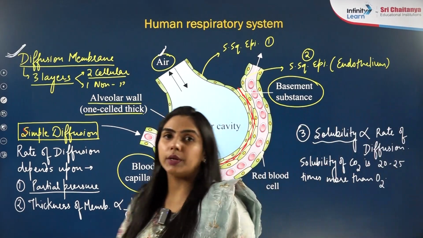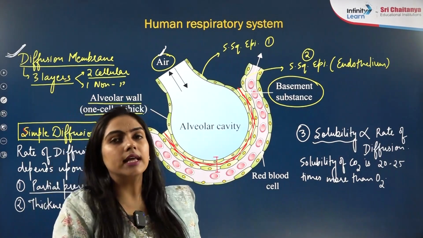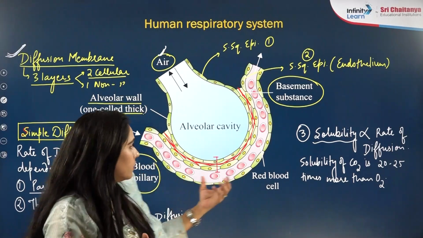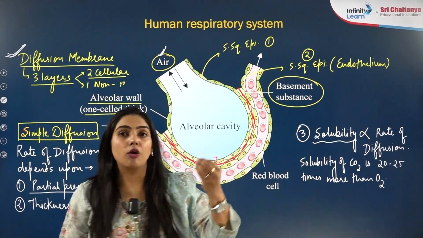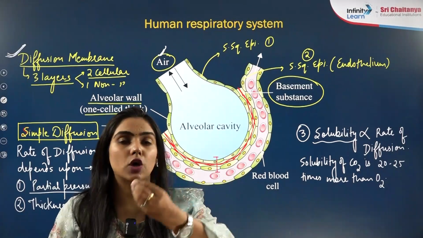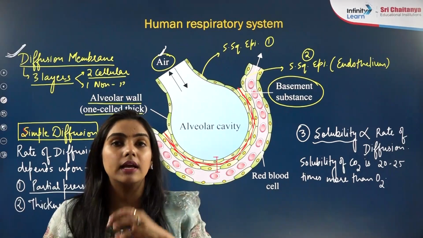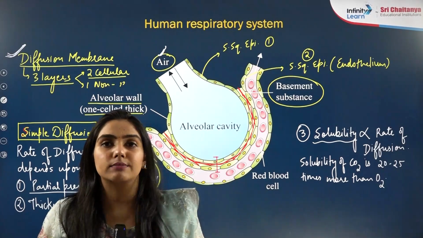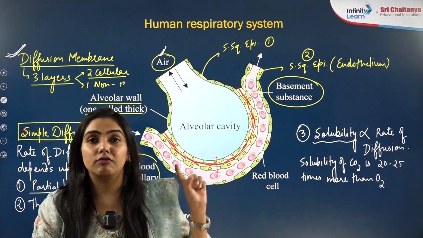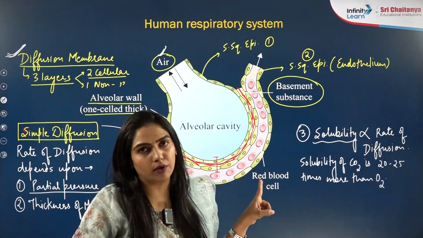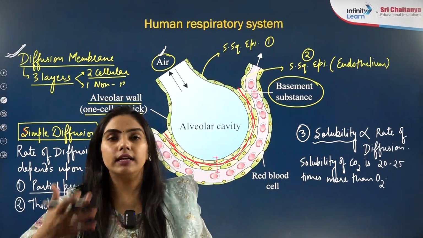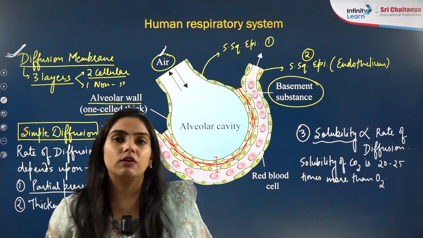Obviously, how much percent of O2 is solubilized in the plasma of blood and how much percent of CO2 is solubilized in the plasma of blood will be different. We will study that in transport of gases, right? So here you can simply remember, if the solubility is more, then the rate of diffusion will be more.